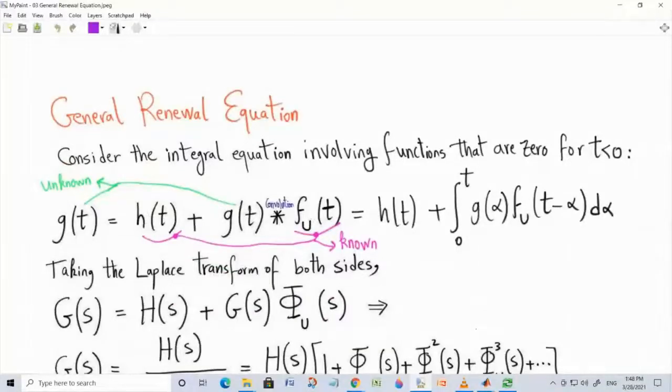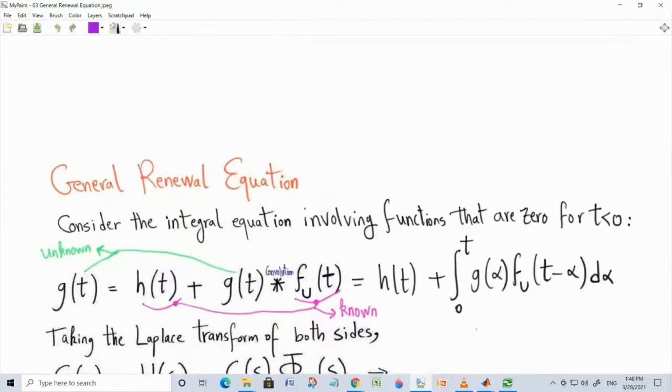Okay. So in some cases, we get integral equations that can be solved by using the renewal function, and here the solution will involve the Laplace transform. If you need that, you just take the Laplace transform and use it.